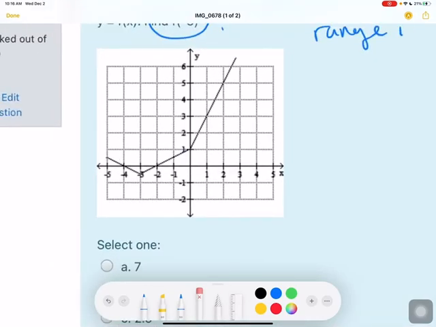From -3, I'm going to walk down until I meet the graph. That's the point where I meet the graph. And now I'm going to walk horizontally. So this is my value for the range, okay? So you walk horizontally towards the domain, and then you walk vertically towards the range. Of course, you have to follow whatever the graph is, okay?